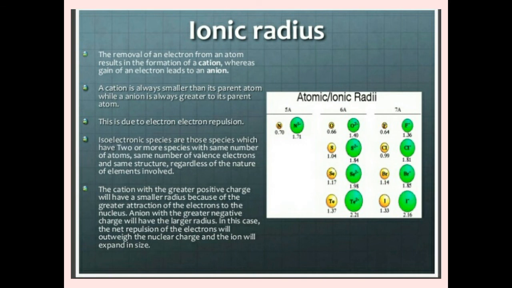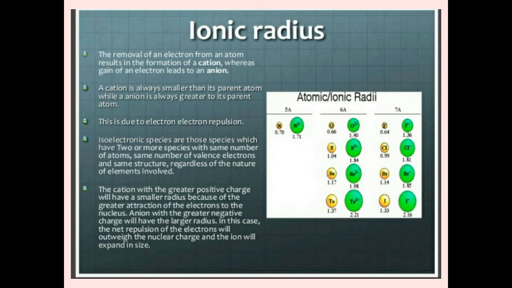Suppose we have a compound named sodium chloride. Sodium has the atomic number 11. It means it has 11 electrons and 11 protons. So normally 11 protons attract the 11 electrons towards itself. Clear?